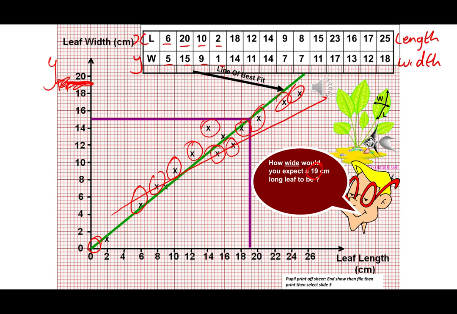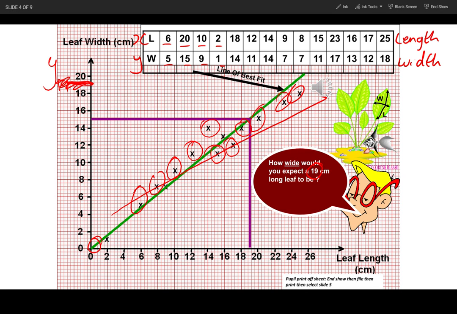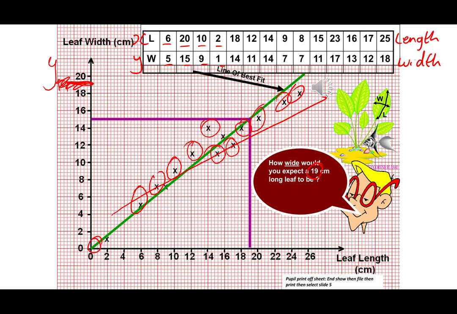I look on the length, so I find 19. Then I draw a line and I stop at the line of best fit. Then I start going across, and as you can see, I read off whatever that value is, and it's 15.